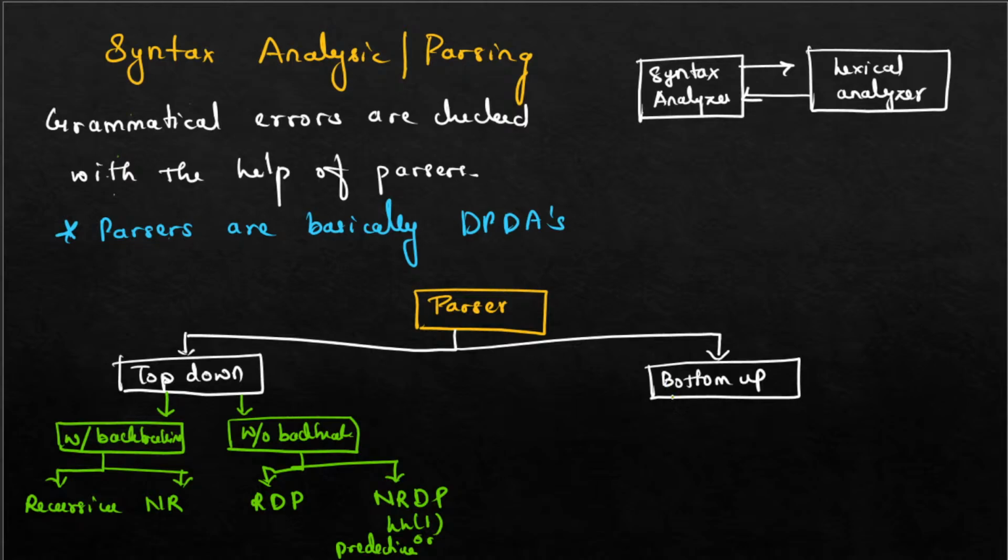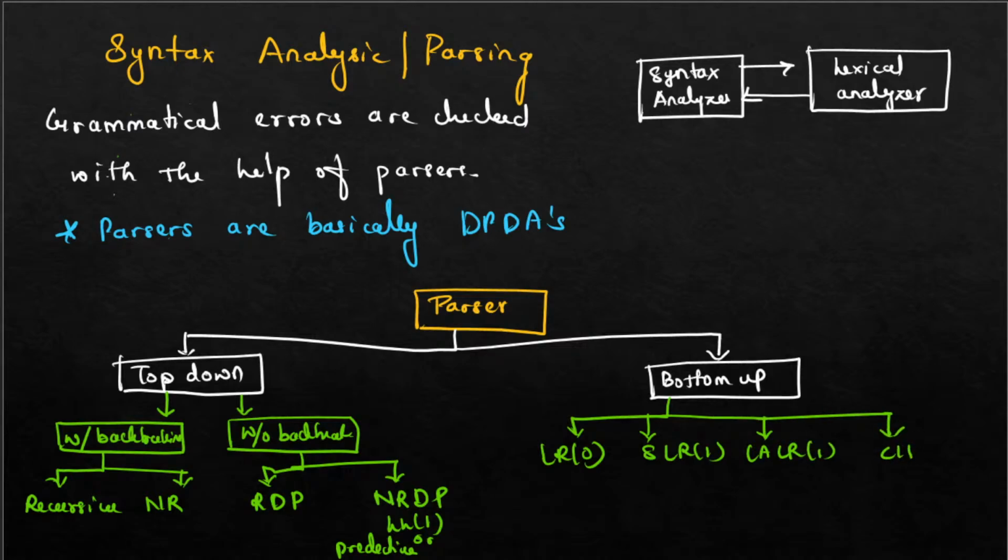Like this. Now for bottom up, the first one is LR0, after that SLR1, after that LR1, after that CLR1 or LR1, and this is the most powerful parser.